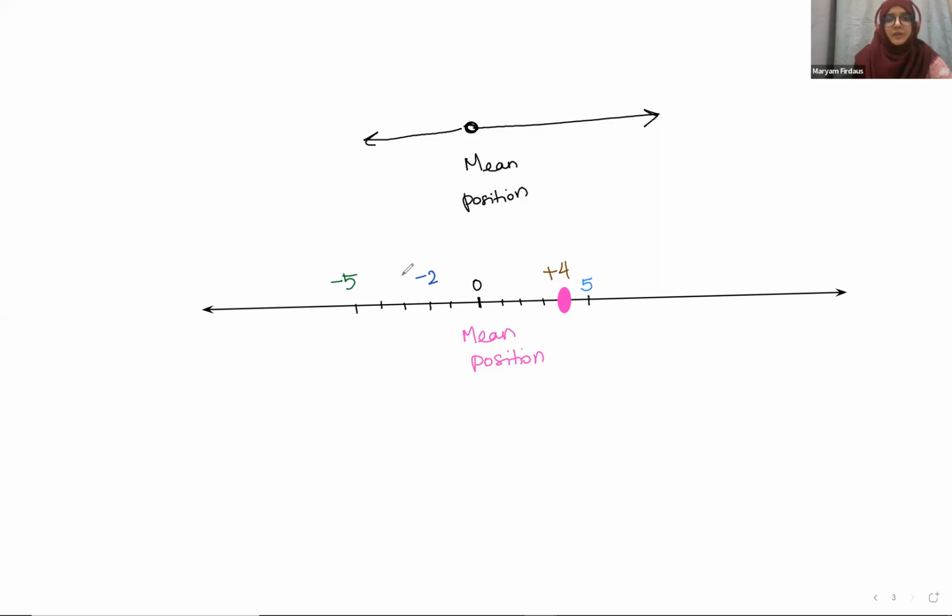So you were standing over here, right? -5, and then you moved in which direction? Positive or negative? Positive. And how many units did I ask you to move? 9. So what is -5 plus 9 again?